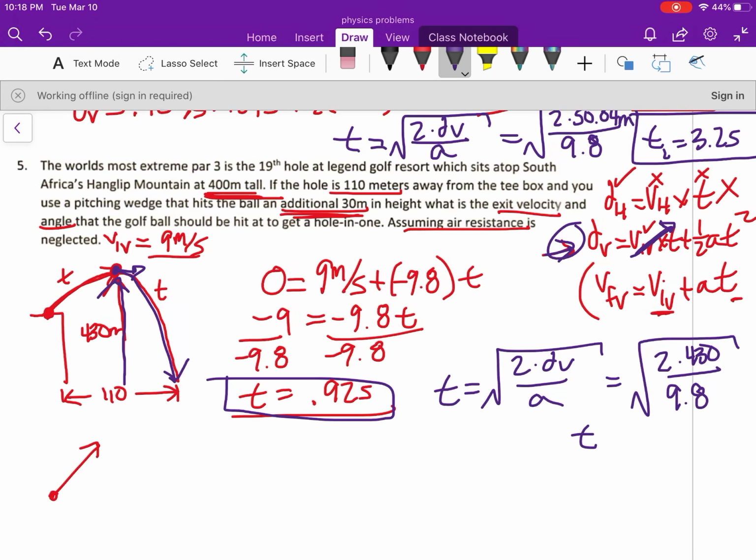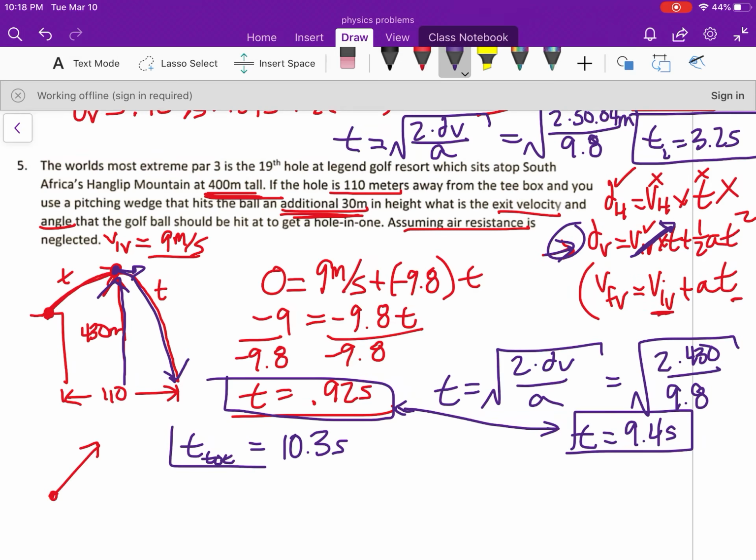The second time is 9.4 seconds. So the total time is this first time plus the second time. So the total time that this is in the air for, plus 0.92, is 10.3 seconds. So that's the total time.